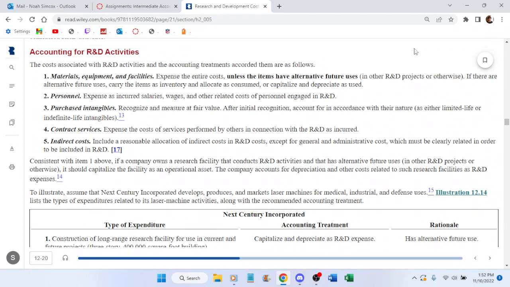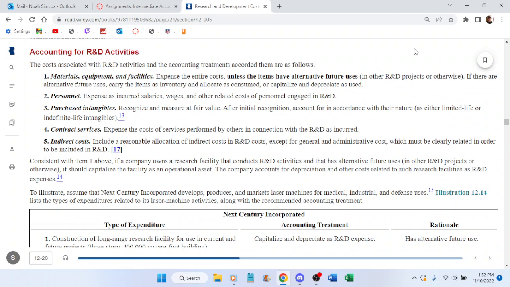Indirect costs: include a reasonable allocation of indirect costs in R&D costs, except for general and administrative costs, which must be clearly related in order to be included in R&D, consistent with item 1 above.